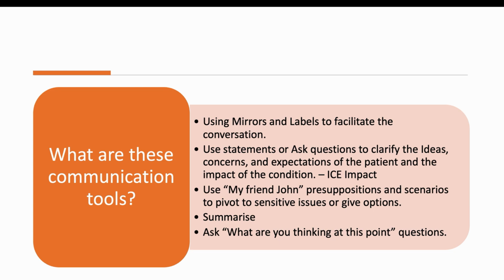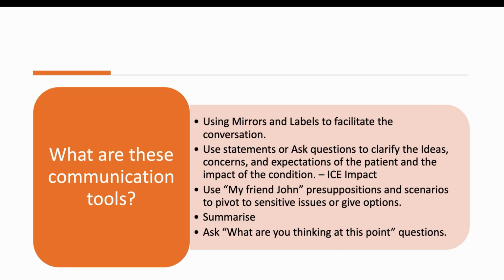There are about 5 of these communication tools, and one of them is using mirrors and labels to facilitate conversation. The second is using statements to ask questions to clarify the ideas, concerns, and expectations of the patient and the impact of the condition. The third one is using presuppositions and scenarios to pivot to sensitive issues or when you want to give options.